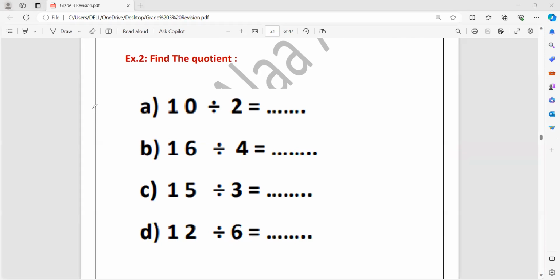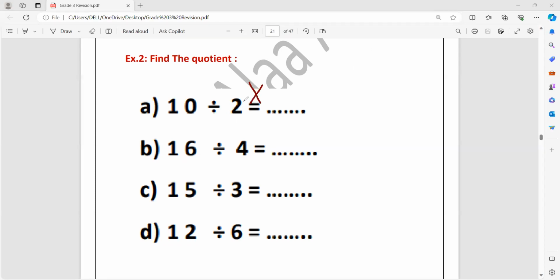Like here, 10 divided by 2 equals, what is the quotient? I can draw the 10, then start to put them into groups. But what is easier than drawing is to solve with the timetables. How can I solve the division with the timetable? I'm going to go to this number, which is the divisor, and put above the equal sign multiplication.